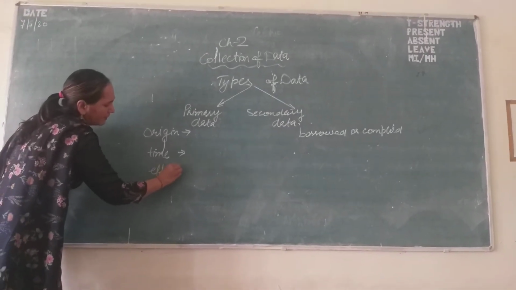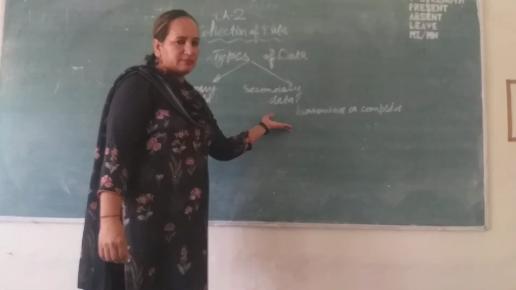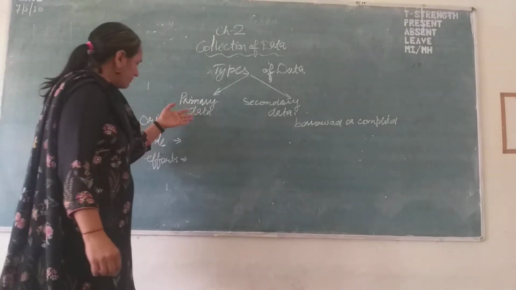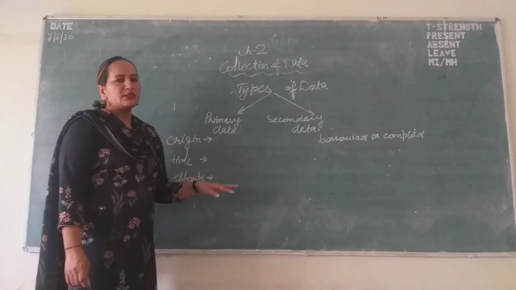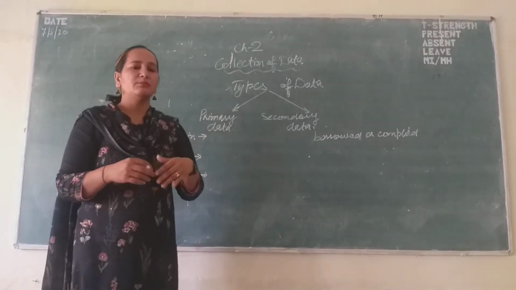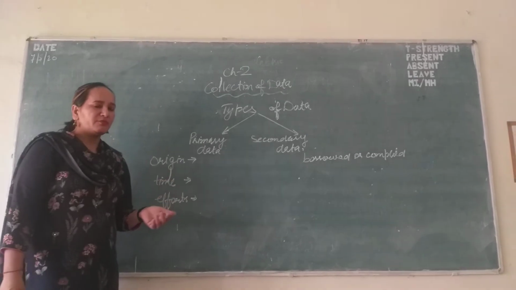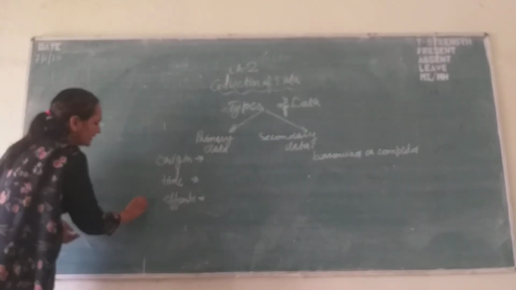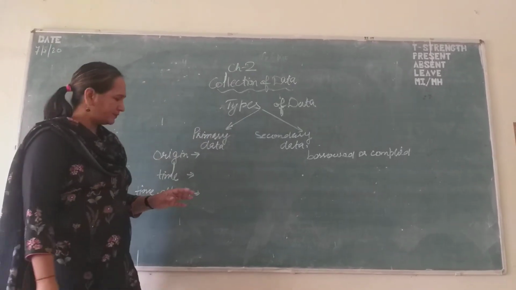If I go to the municipality's office and collect the data, that will save my time. If I collect it myself, it may need maybe 1 week, maybe 1 month, and after that analyzing and processing of data. It's time consuming, it needs efforts also. So time and efforts are required more.